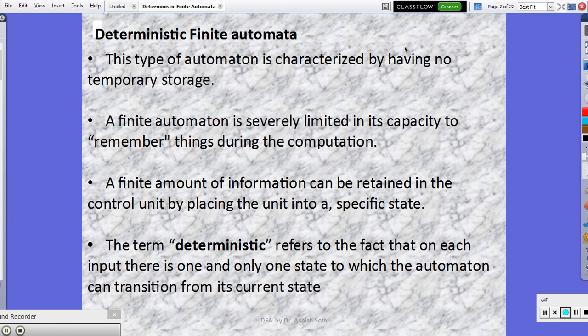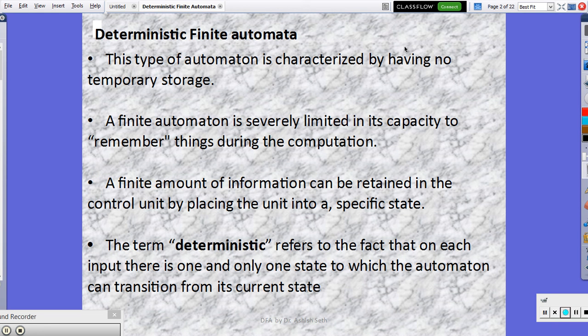So here comes the definition of DFA. Basically, DFA, that is deterministic finite automata, is very limited in its capacity and is available with very limited space, or you can say no temporary storage. So we can see this type of automata is characterized by having no temporary storage.